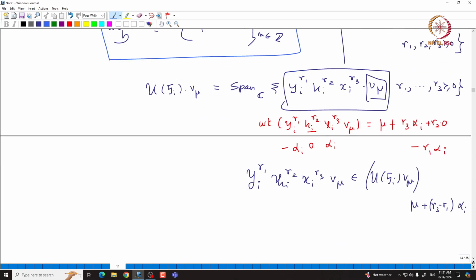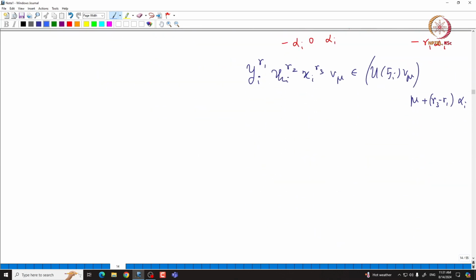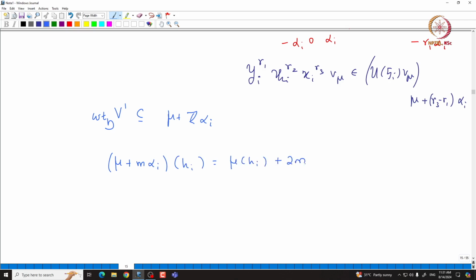Okay. So, in particular, what will happen to the h weight? The weight of V dash is contained in the translation of this mu plus Z alpha I. If I compute, for example, the typical mu plus m alpha I and then compute the hi eigenvalue, then you have just evaluated hi, and this is going to give you mu of hi plus twice m.